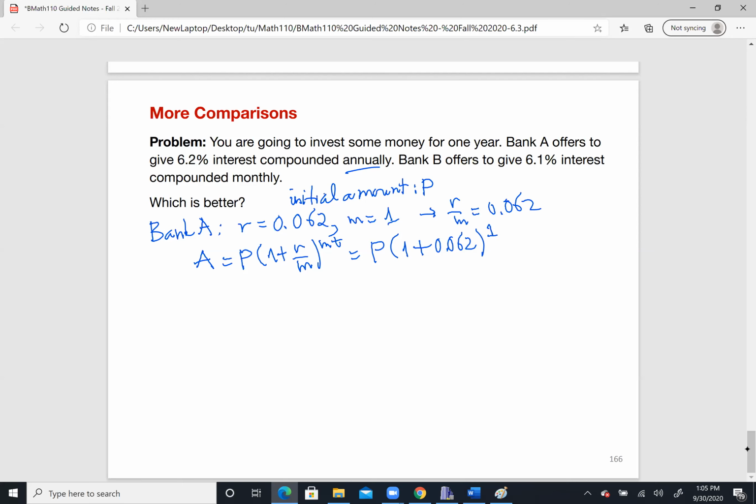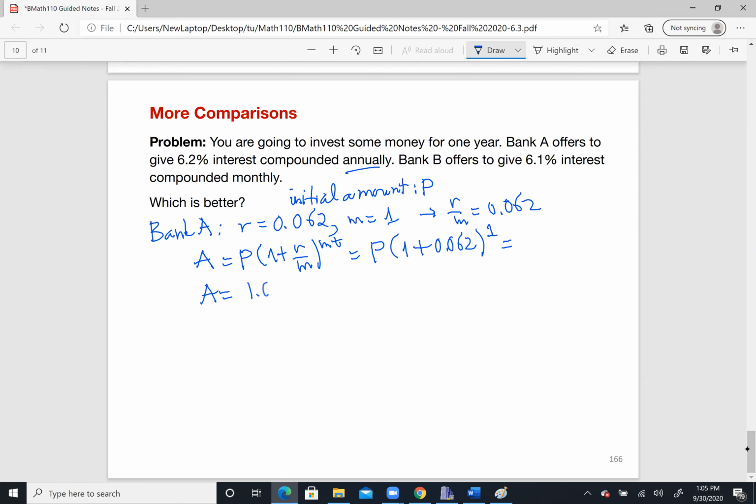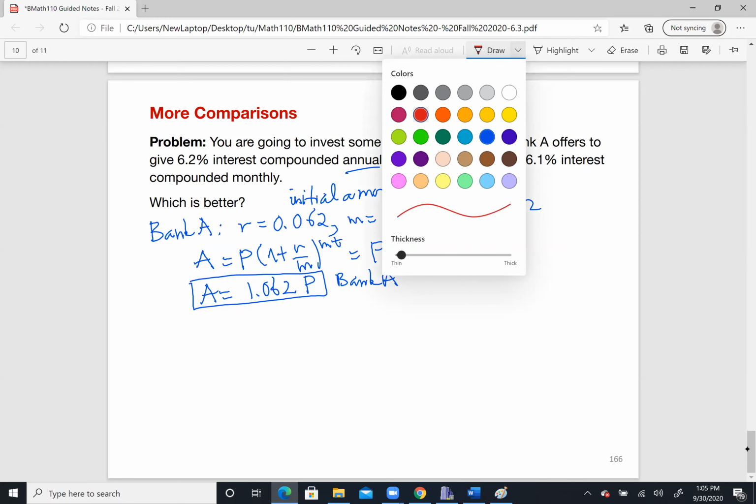And then that's going to give you A equal to 1.062P. That's for bank A.